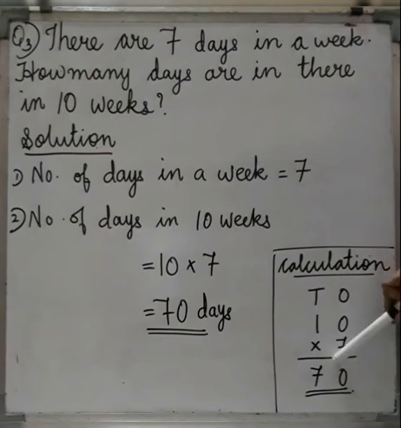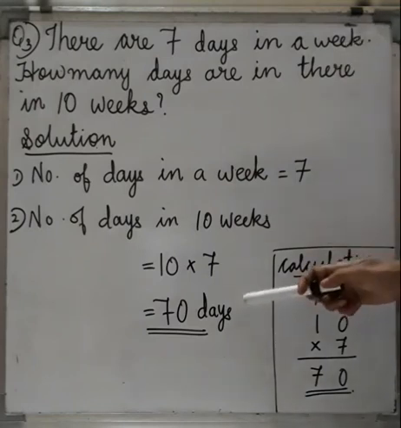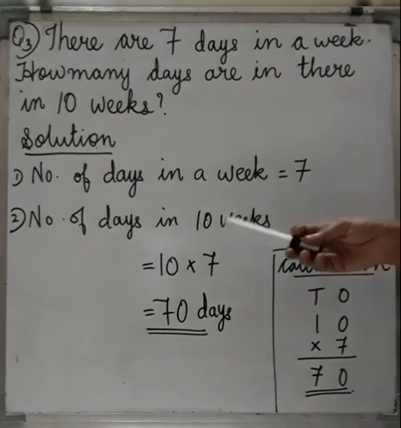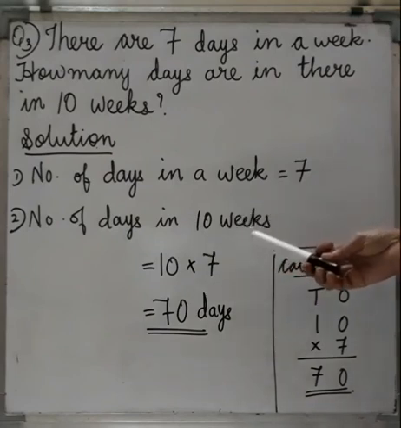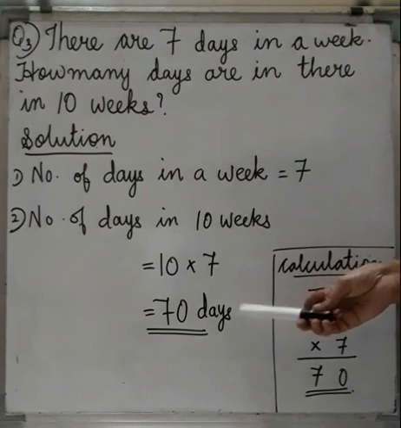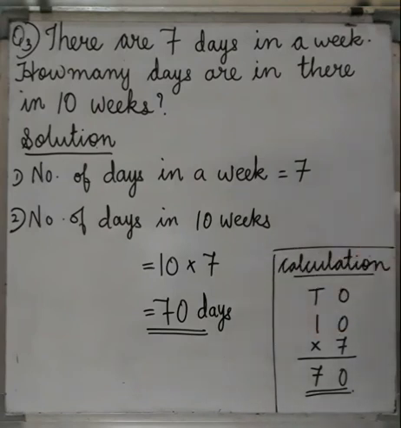Now the answer is 70. 10 into 7 is equal to 70. So there are 70 days in 10 weeks. 10 weeks has 70 days.